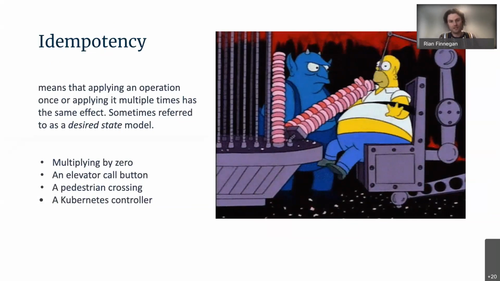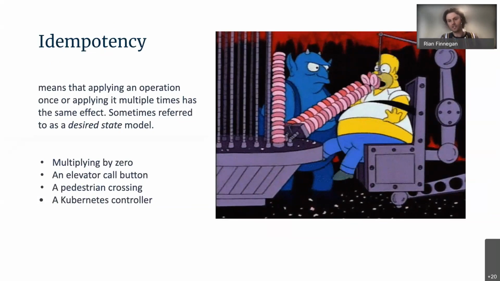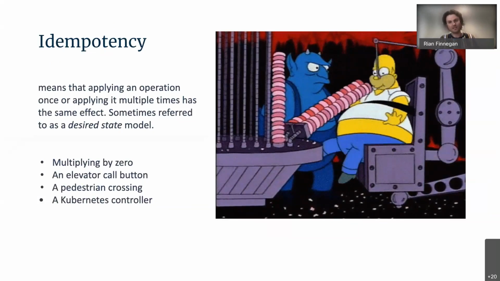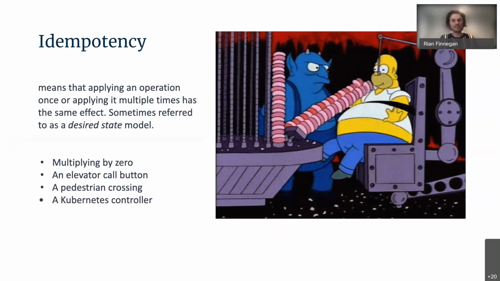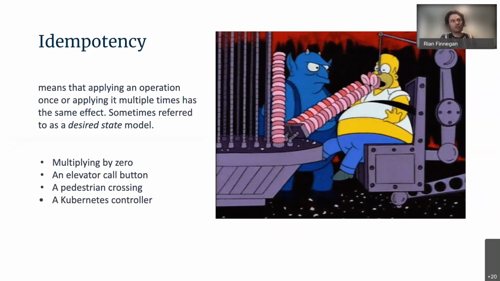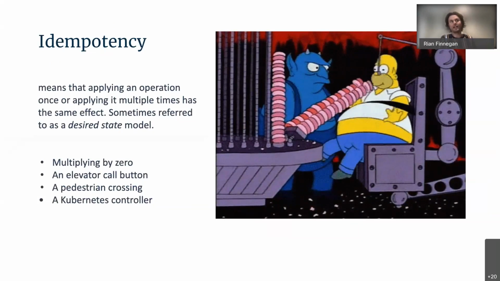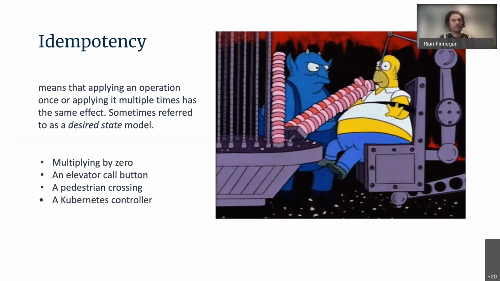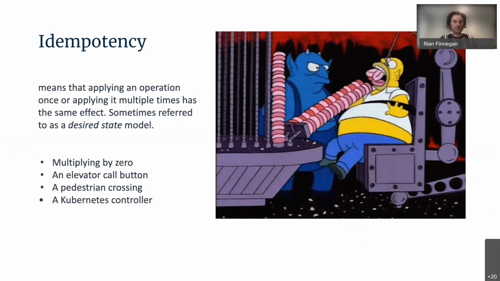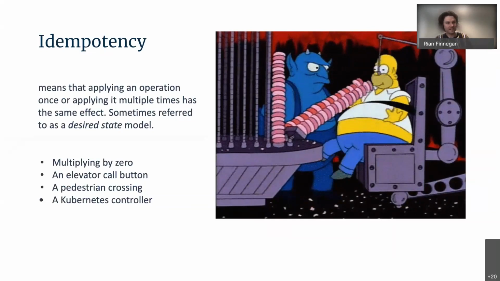When you multiply by 0, that's an idempotent operation, because multiplying by 0 once or 1,000 times doesn't change the answer, it's still 0. We see technologies like this every day, something like an elevator call button or a pedestrian crossing where pressing the button more than once doesn't make a difference, contrary to what I believed as a child.